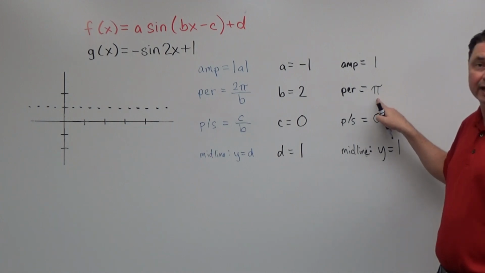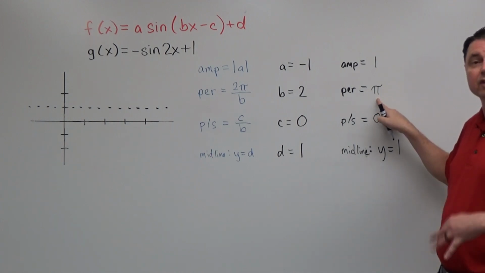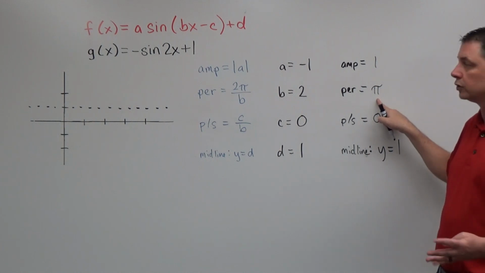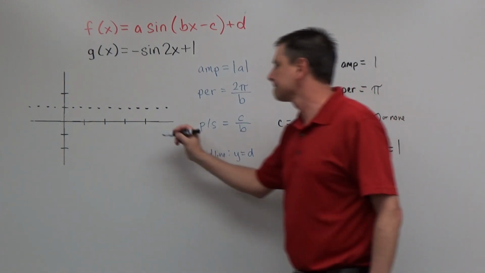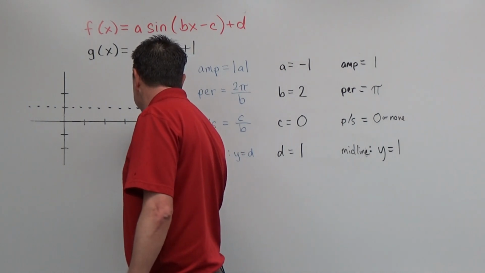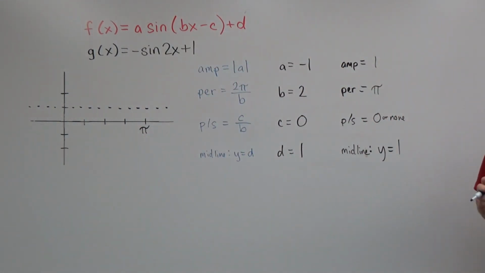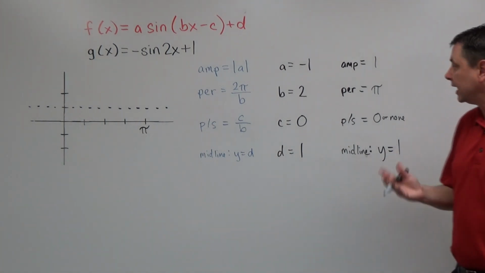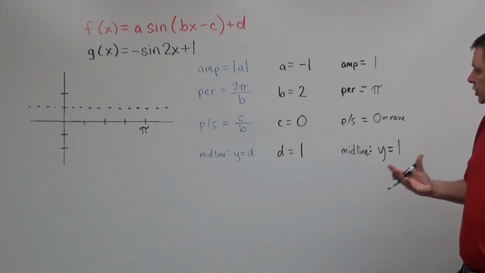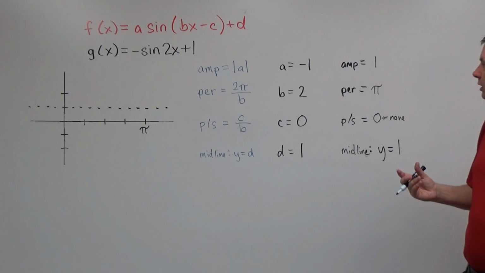This time it's pi. And just like we've seen before, 4 spaces because of the 4 quadrant angles that we were looking at. So 4 spaces is going to be pi. We should be ready to graph the function.